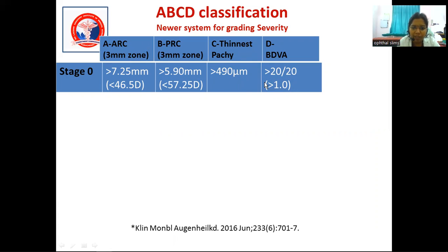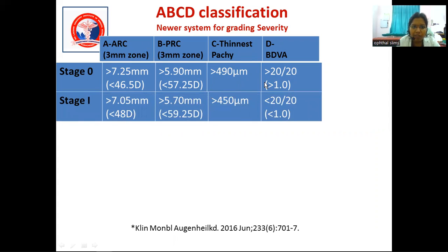We call it stage 1 when the anterior radius of curvature is less than 48 diopter and the posterior radius of curvature is less than 59.25 diopter. The thinnest pachymetry is 450 micrometer and the visual acuity is less than 20/20.